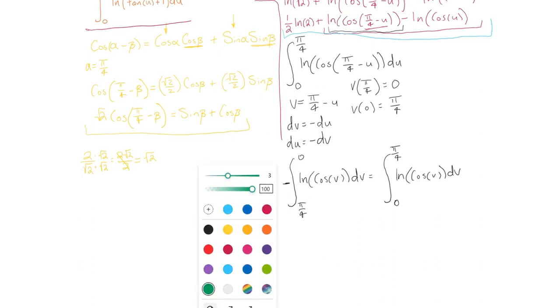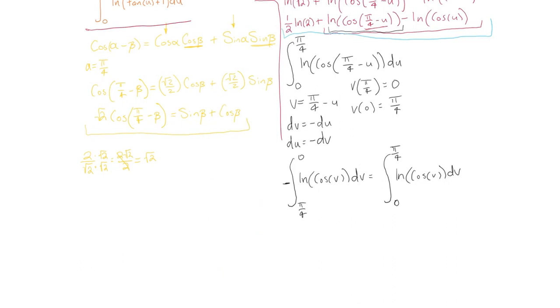So we use green now. So we have the integral of 0 to pi over 4 of 1/2 ln 2, and this is with respect to u, so du. And then this will be plus the integral from 0 to pi over 4 of ln of cosine of v, because we had a v right there, so dv.